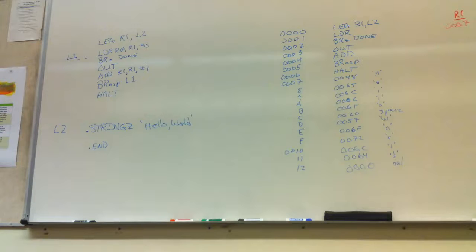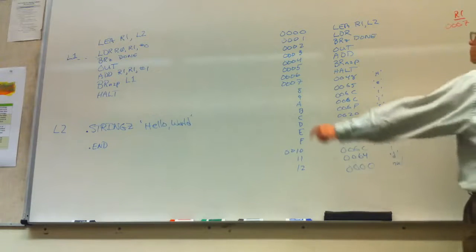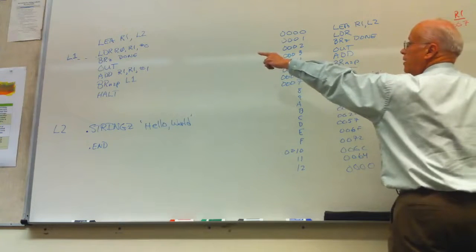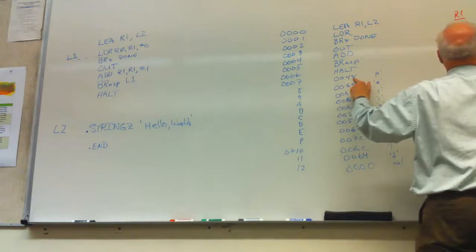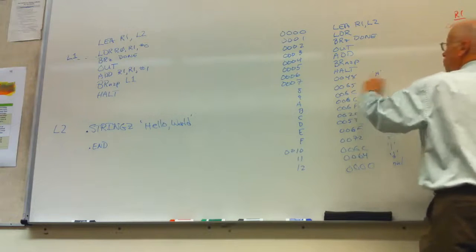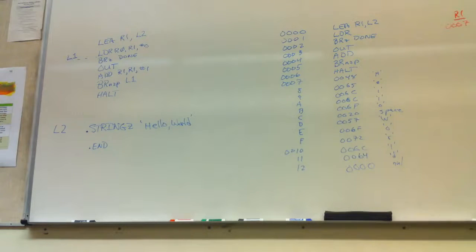That's what gets actually loaded into there. Then the load relative uses that as an address, so it fetches in this 48. It's not 0, so it doesn't branch. It does the out. So on the display we get an H.